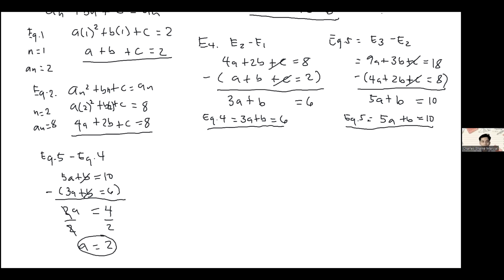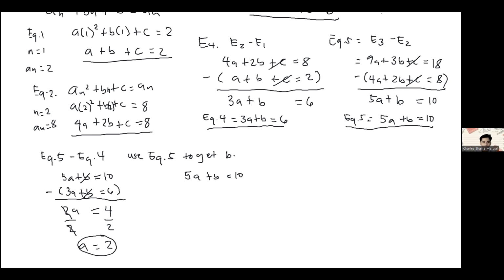So ang gagamitin natin is yung either equation 4 or equation 5. So gamitin na lang natin itong equation 5 to get b. Use equation 5 to get b. So we have 5a plus b is equal to 10.